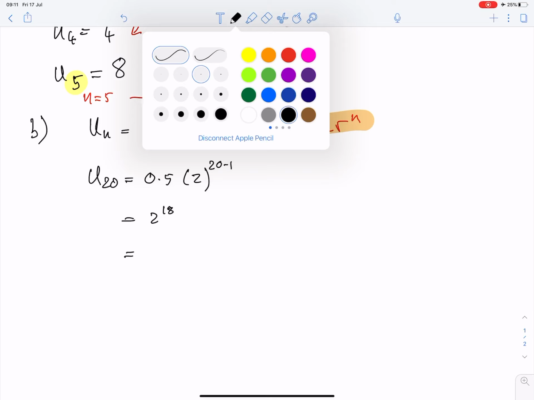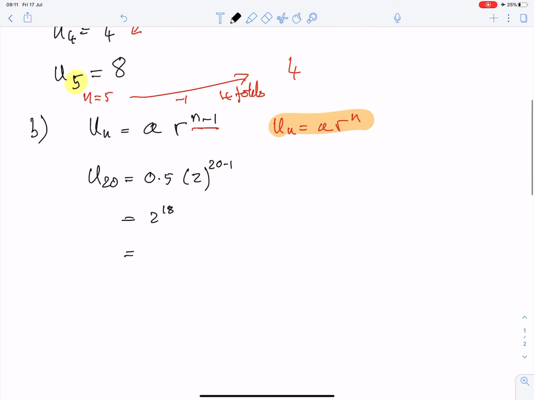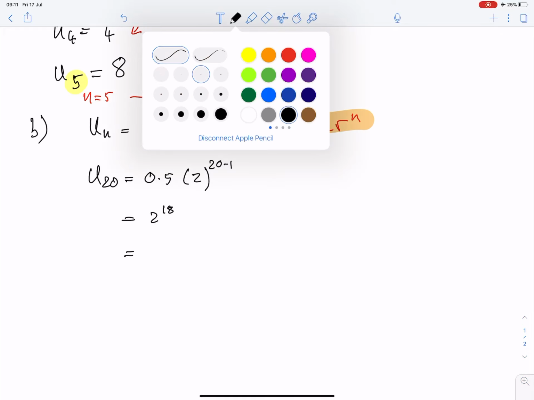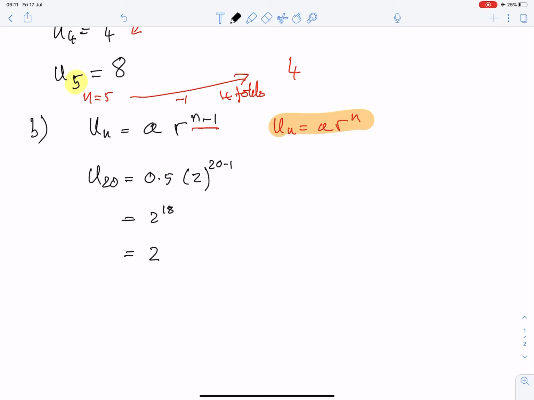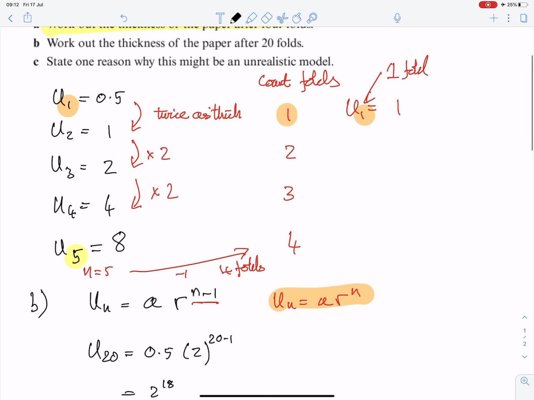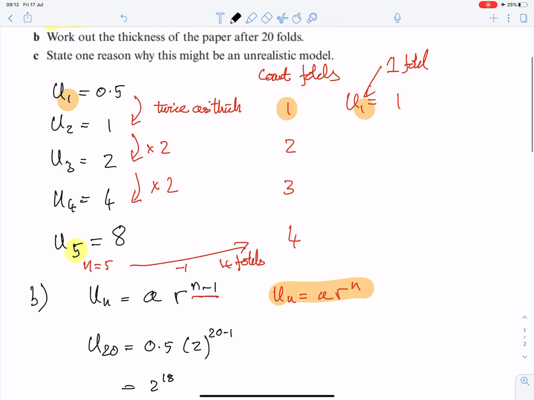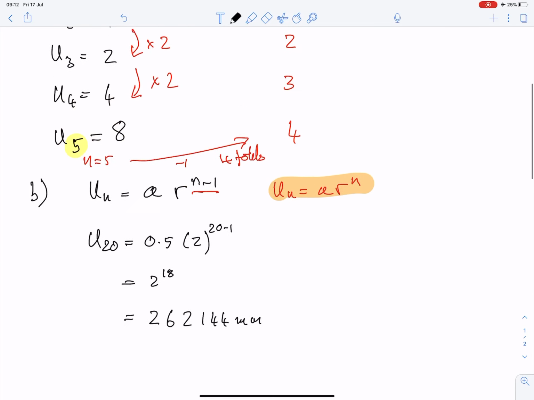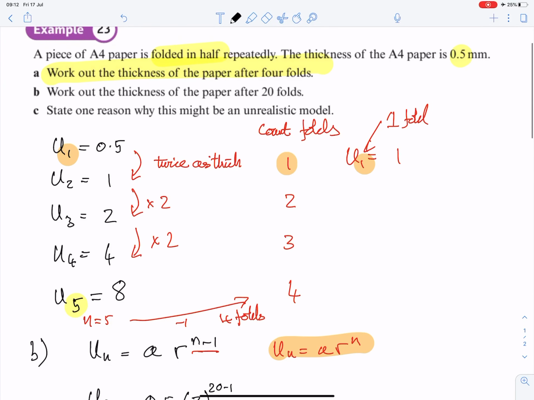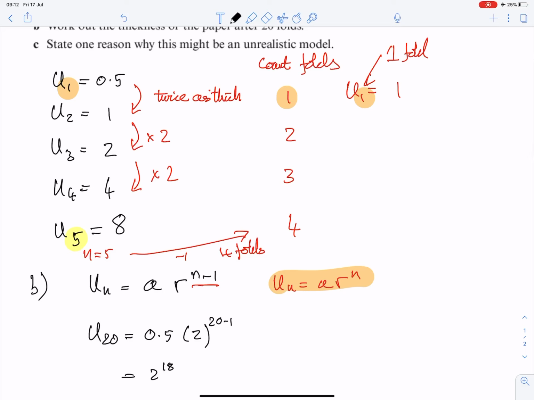Well, I think that's like 2 to the 19, but we've got it as 2 to the 18, which is 524288 divided by 2. So that's going to be 262144 millimeters. Pretty sure that's correct, even though the book has got a different answer, because we've identified that 4 folds gives 8, so I know that I've got the a r to the n minus 1.